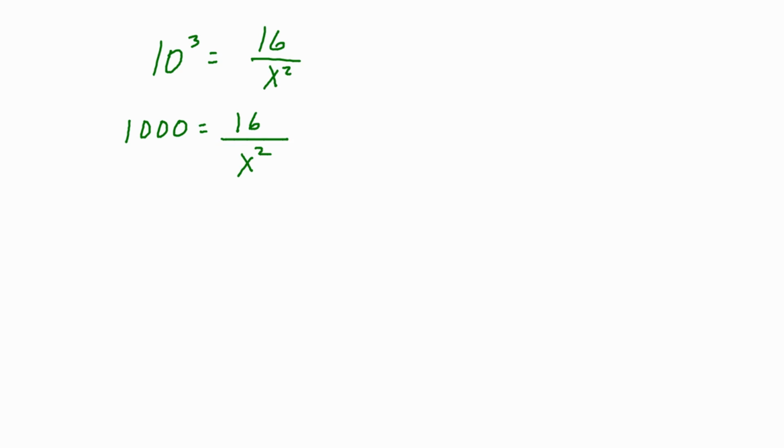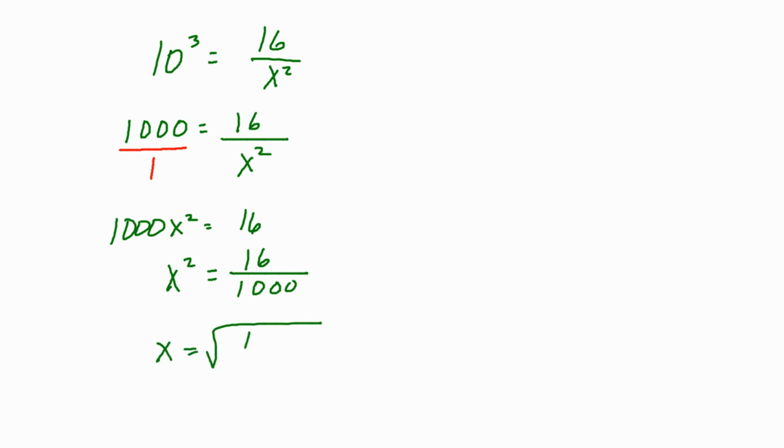Because my x is in the denominator, a quick way to solve it would be to write 1,000 over 1 and cross multiply. That gives us 1,000x^2 equal to 16. Divide both sides by 1,000. x^2 equals 16 over 1,000. I can square root both sides. x equals the square root of 16 over 1,000.